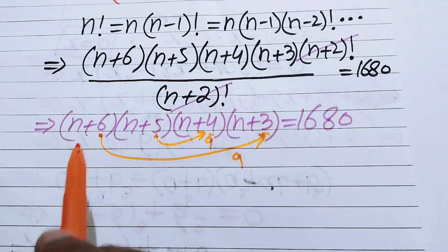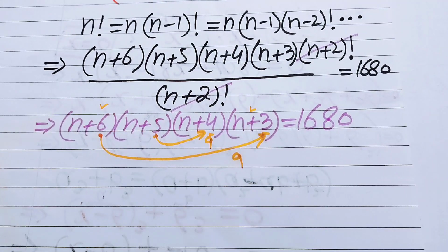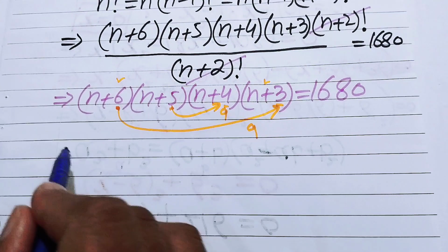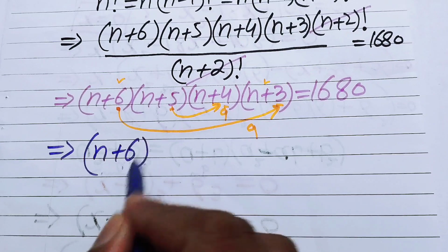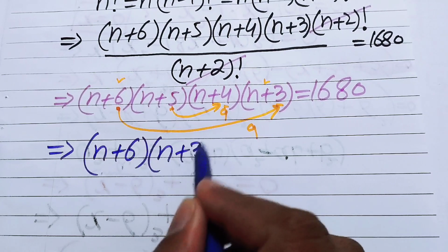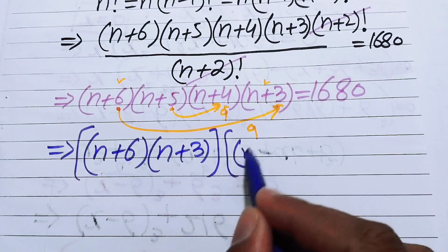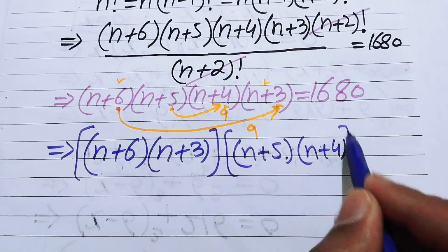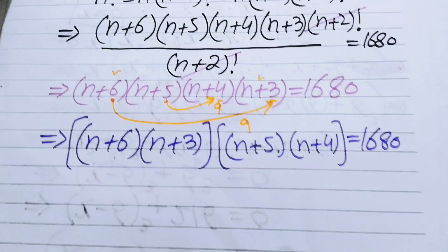So we can pair the n+6 factor with n+3 and n+5 with n+4. According to this rule we rearrange all these factors and you get here (n+6) times (n+3) into (n+5) times (n+4), and this whole equation equals 1680.